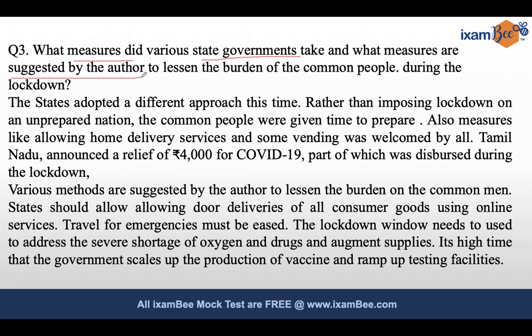So, two things, measures taken by the state government and what measures are suggested by the author. Two types of measures, right? So let's quickly do a sort of a memory game. First, inevitability of the situation. Next, we are talking about the virus transmission and what can be done. Third, we're looking at measures taken by the different state governments and those suggested by the author.